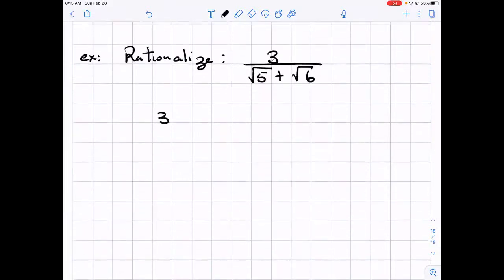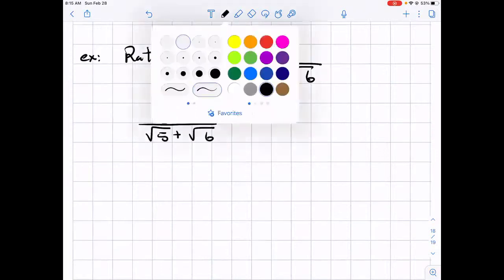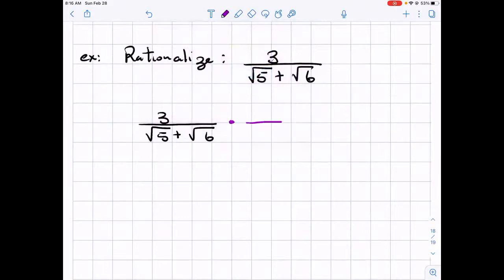If we're rationalizing, we have to multiply by the conjugate. Remember, the conjugate is exactly what you have, with the sign difference if it's two terms. When you look at them, they must look like a difference of squares.